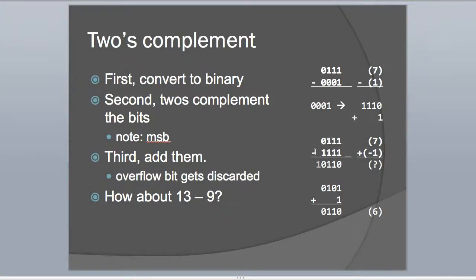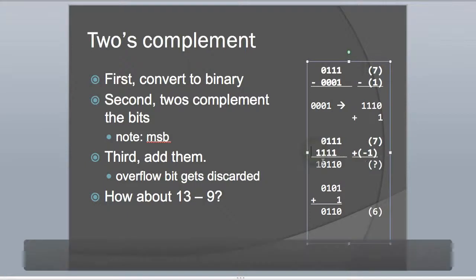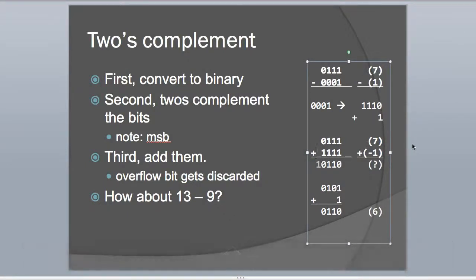Okay, and this should actually say plus, not minus. So we add those two together and we end up with this result, right? 1 plus 1 is a 0 with a carry. 1 plus 1 plus 1 is a 1 with a carry. 1 plus 1 plus 1 is 1 with a carry. 1 plus 0 plus 1 is 0 with a carry.